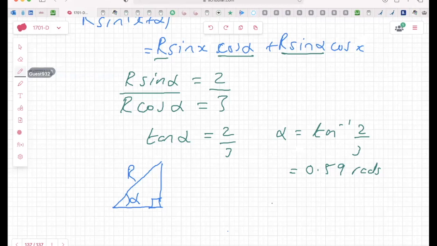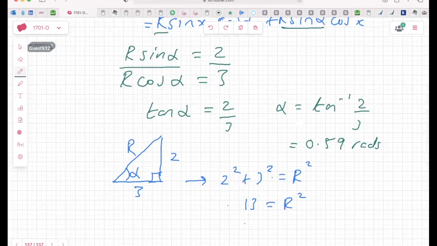So it's not, it's r, so it's 2. And r cos alpha is 3. Cos alpha is the width, so r cos alpha is 3 means if the hypotenuse is r, the width would be 3. So from there, we can simply use Pythagoras' theorem. So 2 squared plus 3 squared is r squared. And you can see that that would be 13 is r squared. So r is root 13.